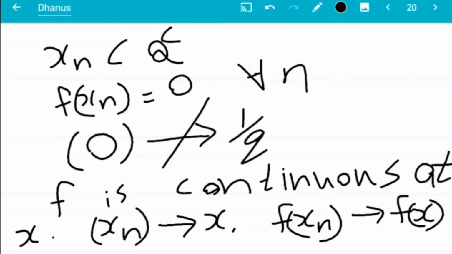That is an equivalent definition corresponding to continuity using sequences. Here I have used that thing.